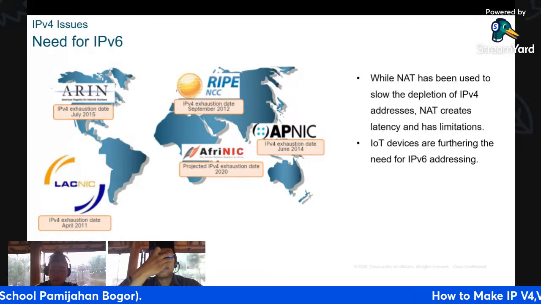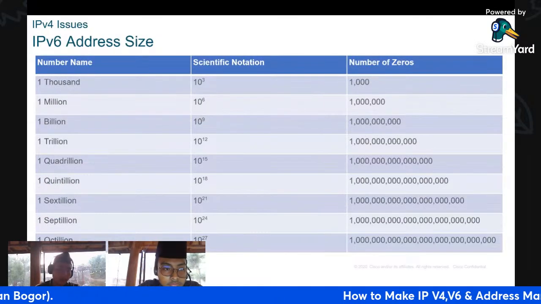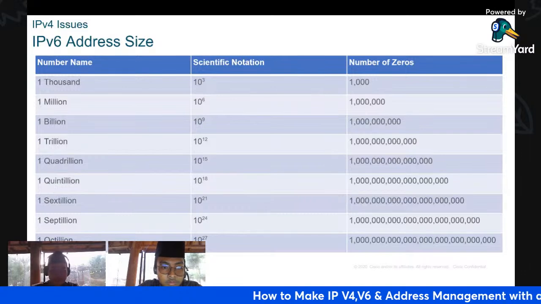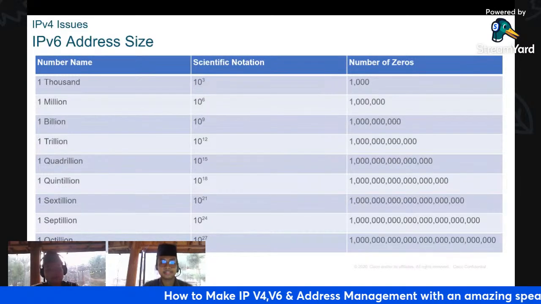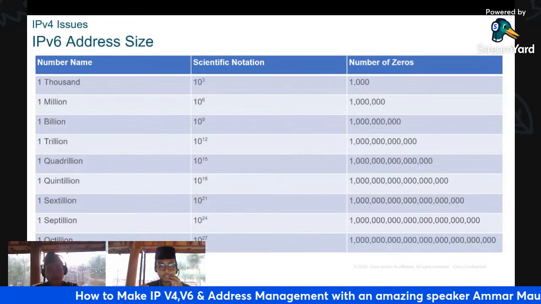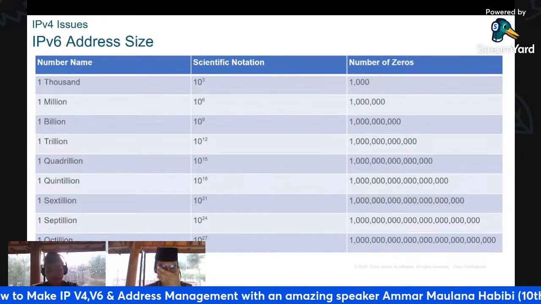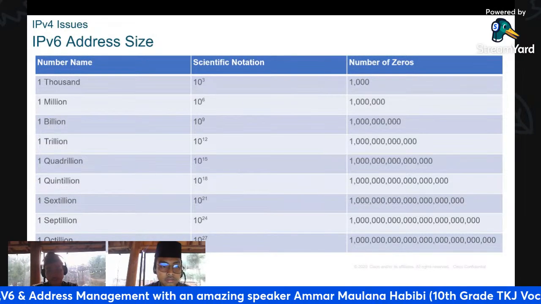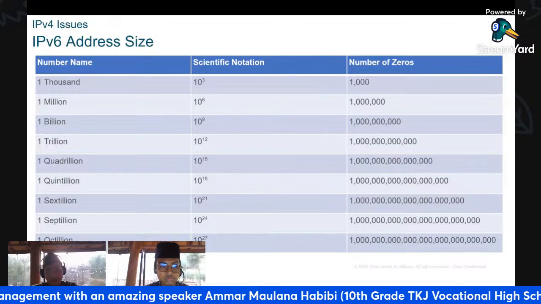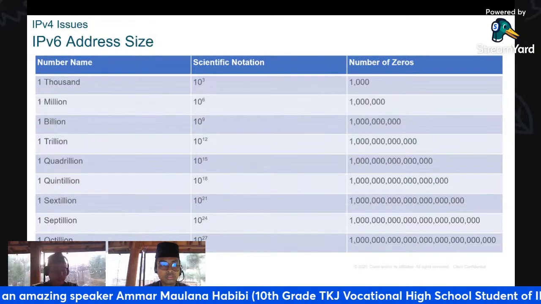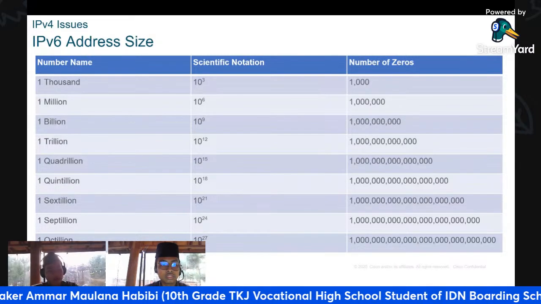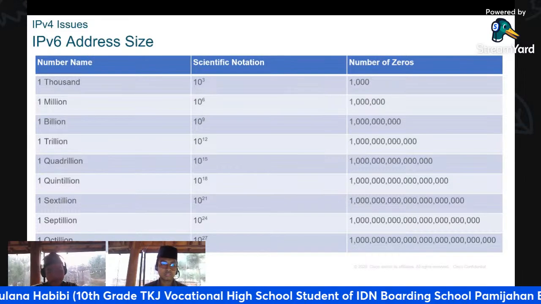This is the IPv6 address size. You can read this. It's the number of zeros, like 1,000, 1,000,000, 1,000,000,000, 1,000,000,000,000, 1 quadrillion, 1 quintillion, 1 sextillion.